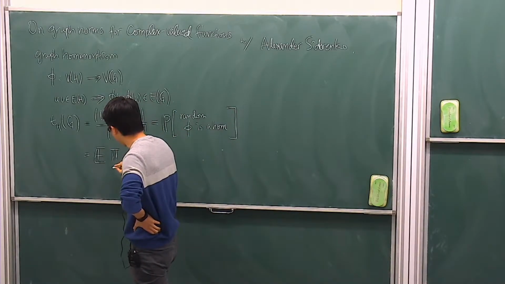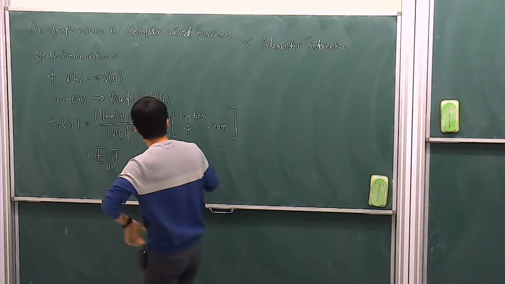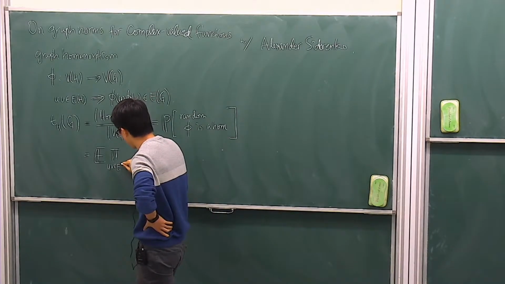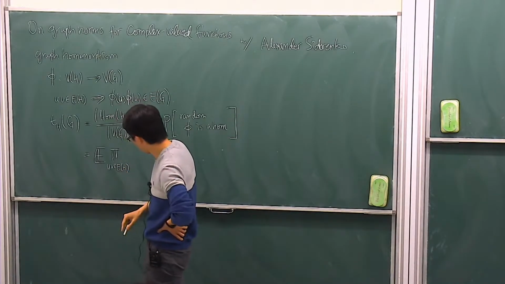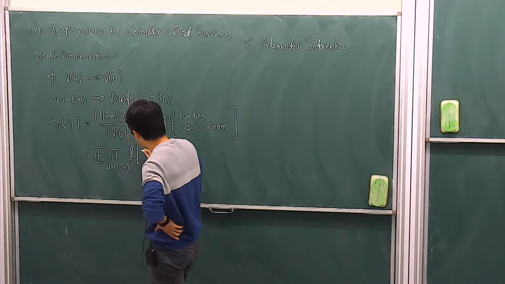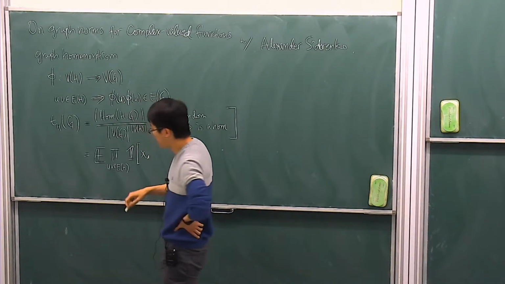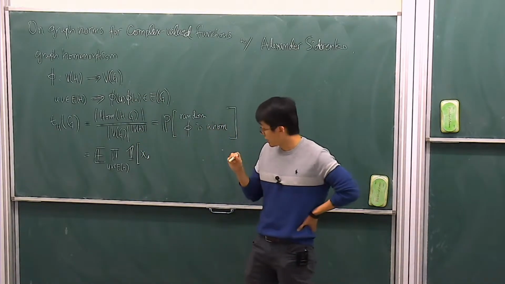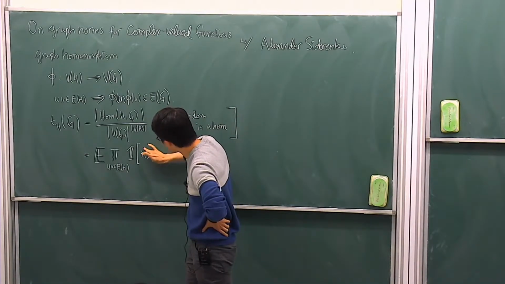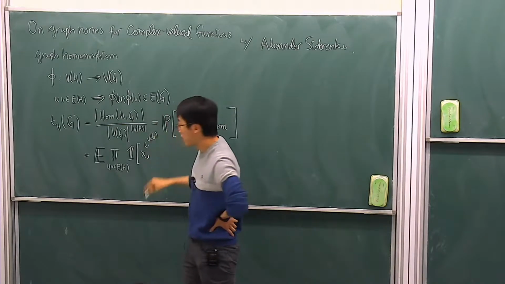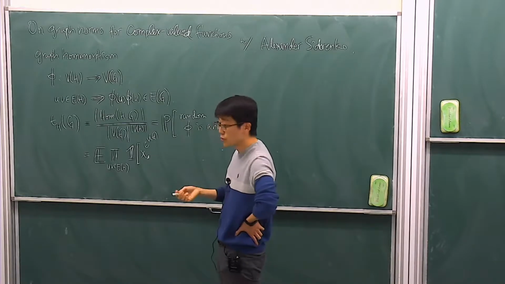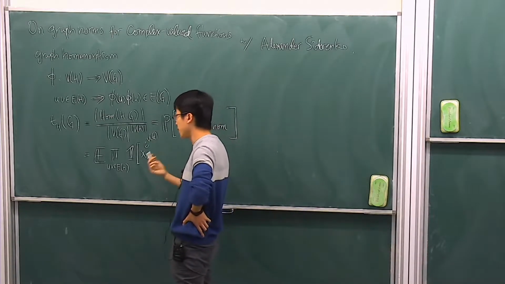Then the indicator of this event is nothing but this. Whenever my edge UV is in H, I'm going to choose each vertex in G, so these are G vertices, independently at random for every vertex U in H.